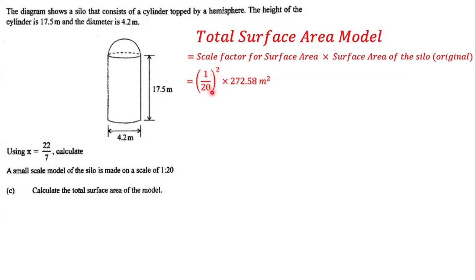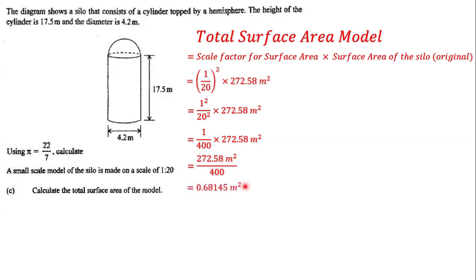So we raise 1 over 20 to the power of 2. And when we do that, it's going to be 1 squared over 20 squared. 1 squared is simply 1, and 20 squared is 400. And so we have 1 over 400 multiplied by 272.58. So we take 272.58 and multiply it by 1, so 272.58 meters squared, all divided by 400.